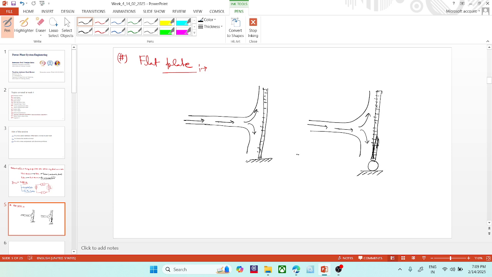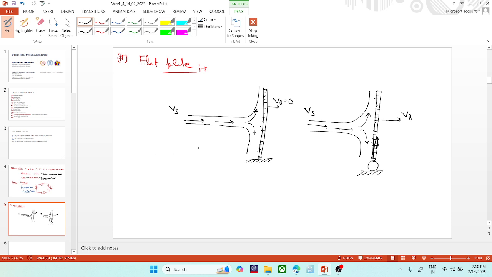So here is the fixed plate. Let's suppose Vp is the velocity of the plate. As it is fixed, it would be 0. But here it is not fixed; it is also moving with some velocity Vp. And here the jet velocity we will say Vs, just a notation. We have considered Vs is the jet velocity and Vp is the plate velocity.